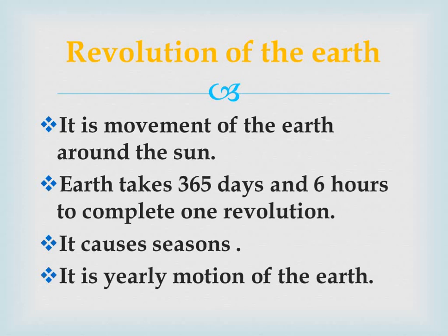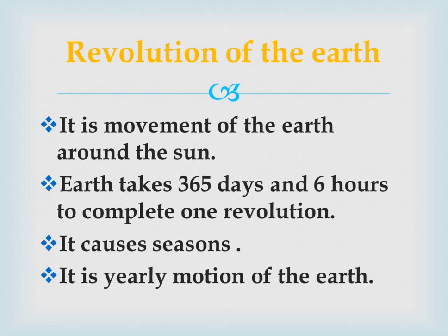It causes seasons. As Earth changes its position on its orbit while revolving around the sun, different seasons are caused by the change in position. So it causes seasons.